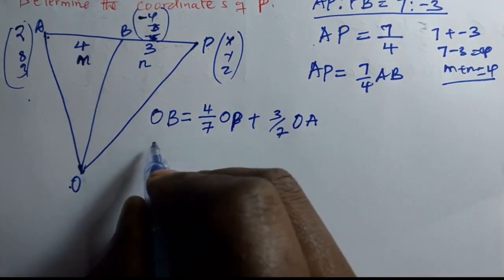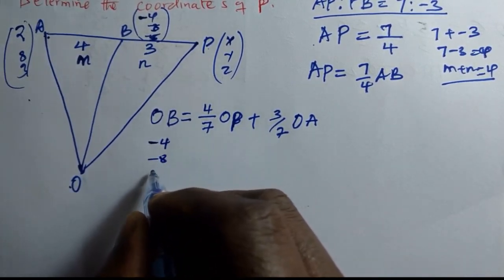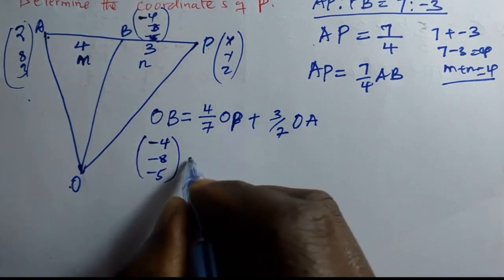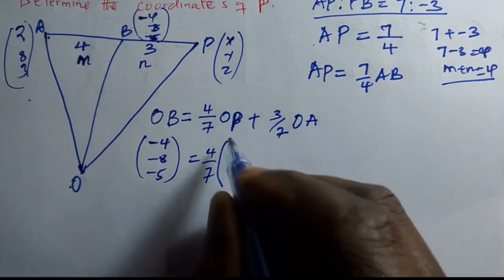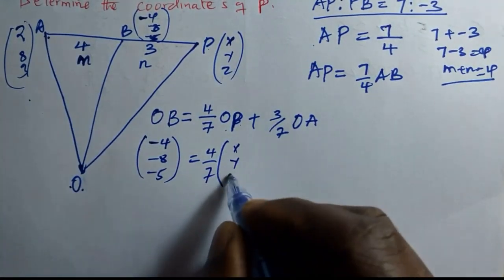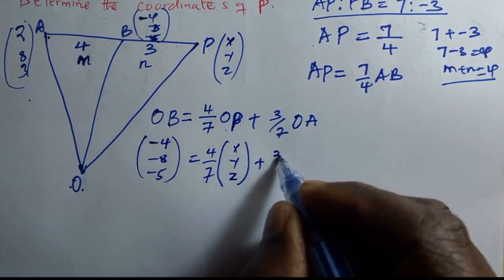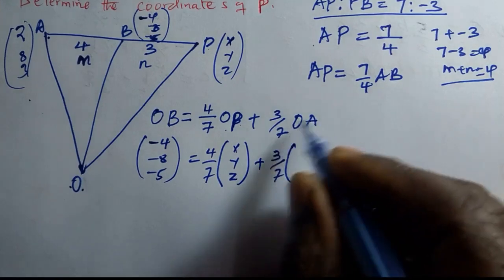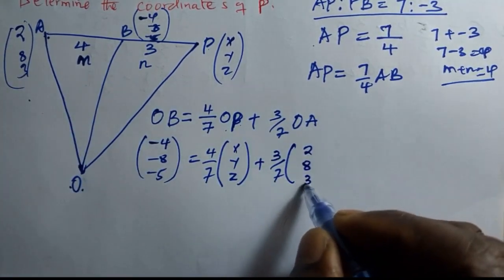Now this one ilikuwa -4, -8, -5 is equal to 4 over 7 OB, which is X, Y, Z, plus 3 over 7 OA, which is 2, 8, 3.